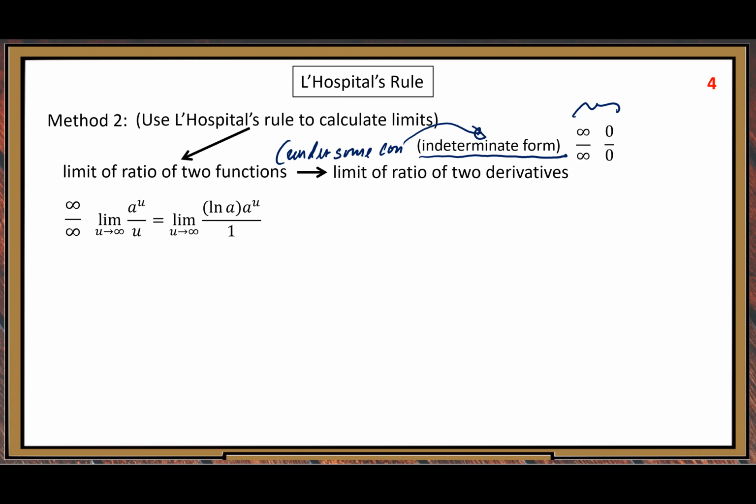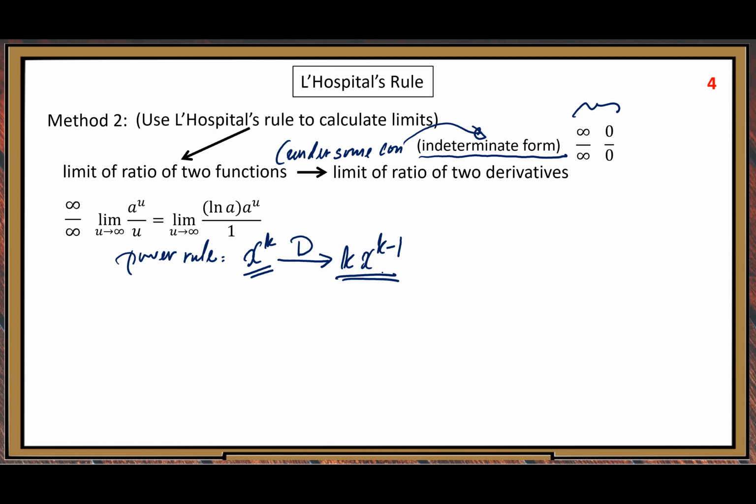When we apply L'Hopital's rule, we need to take derivatives. The derivative of the denominator is easy: it's 1 by the power rule. The power rule tells us the derivative of a power function x to the k equals k times x to the k minus 1.